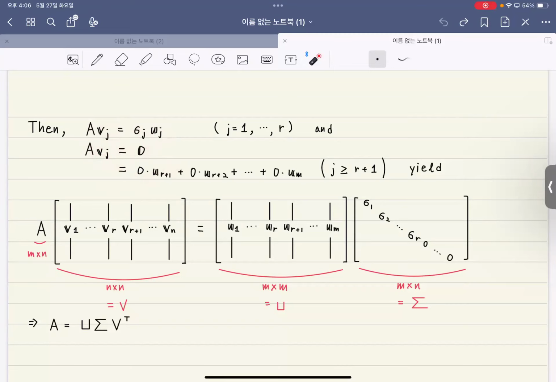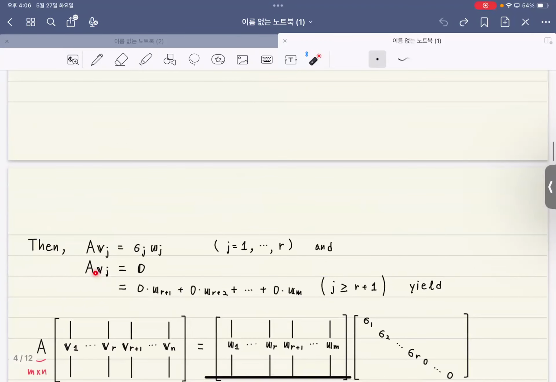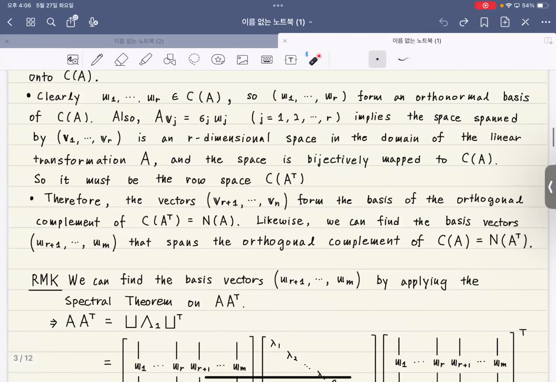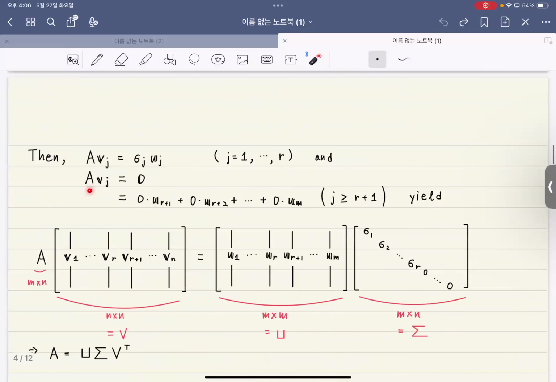Why? Because if index j is greater than r, then these vectors are the basis of the null space, right? Therefore, A times Vj should be 0 if your index j is greater than r, right?